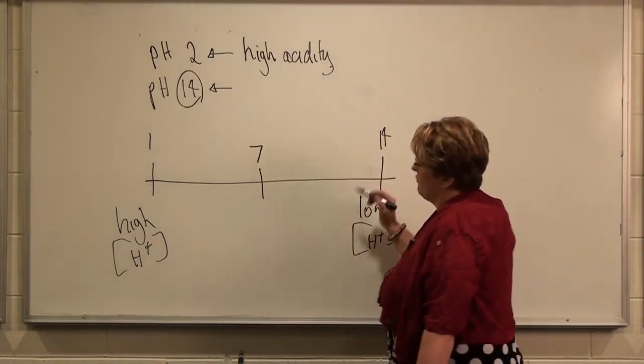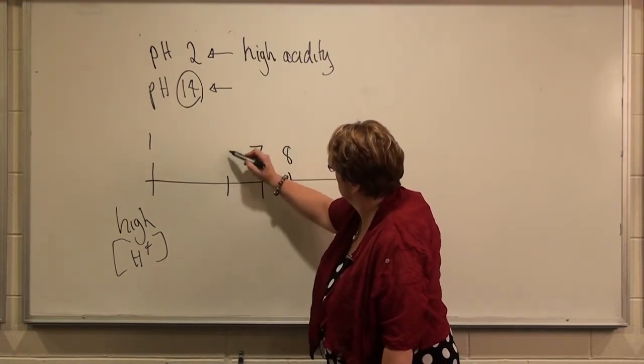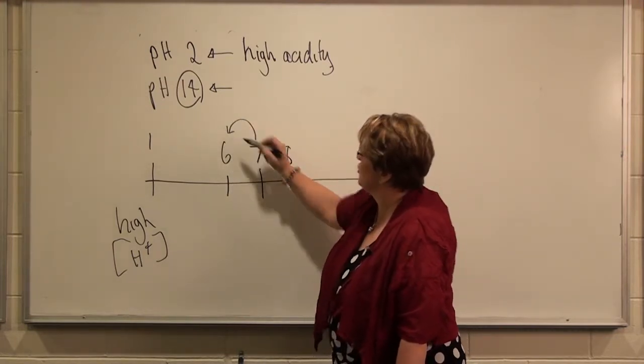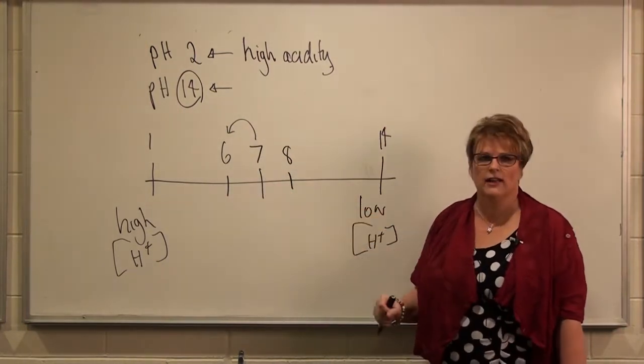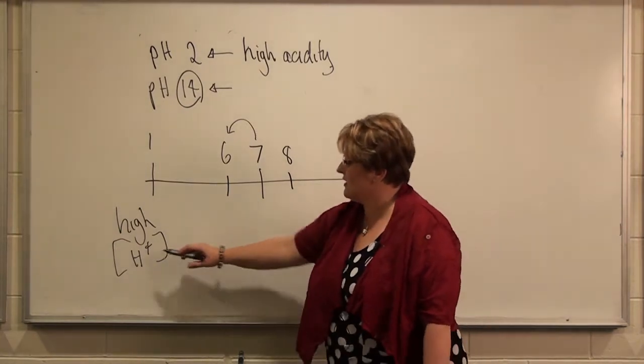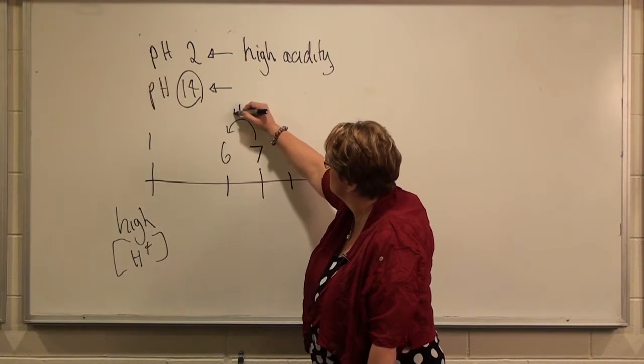This scale is a logarithmic scale, so when I move one pH unit away from this position here, we are actually increasing the concentration of hydrogen ions by 10-fold.